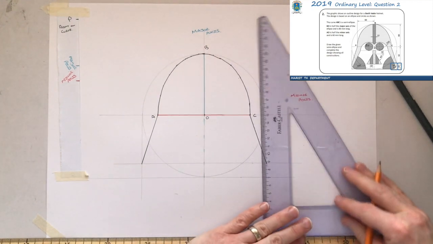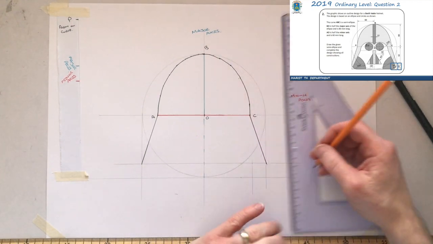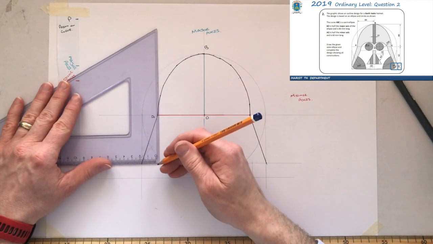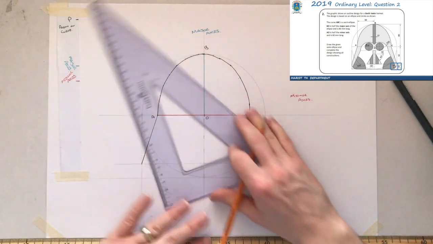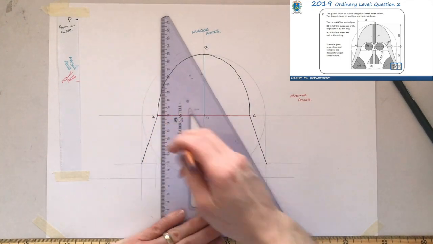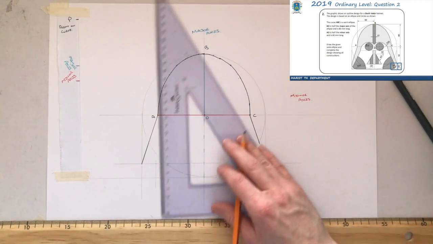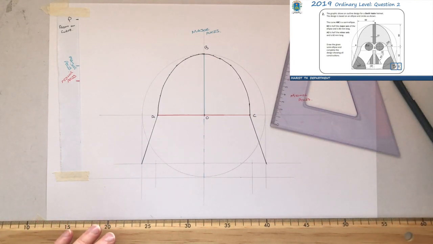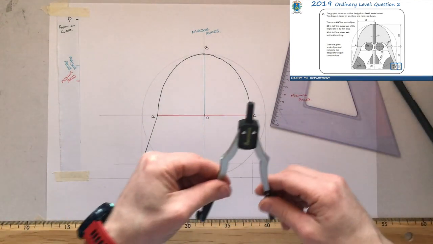Okay, and I'm going to draw my line down just so I see the points of contact, and I'm going to do the exact same on this side. So there's 18 there, and then again we've got our points of contact on this side. Okay, so once we've that done, we can go ahead then and draw in our two arcs.